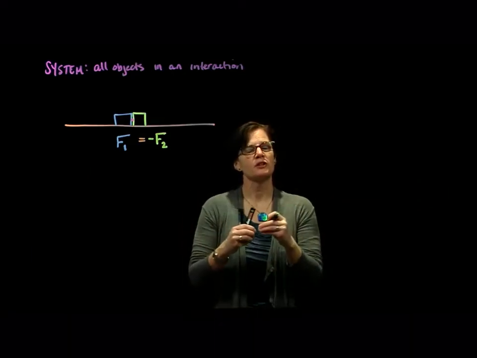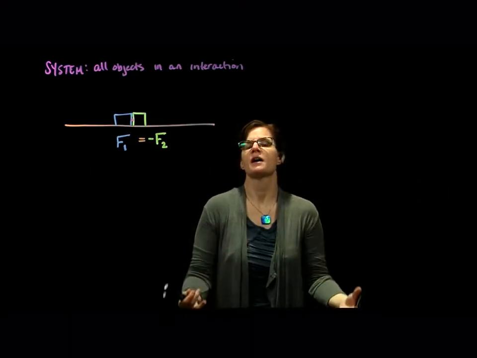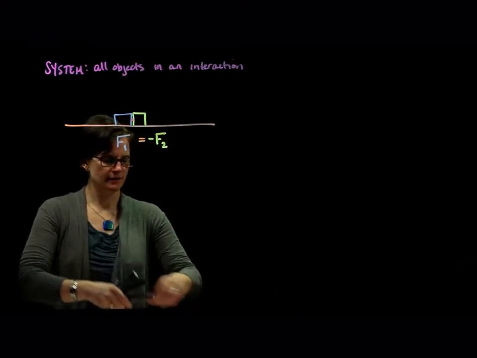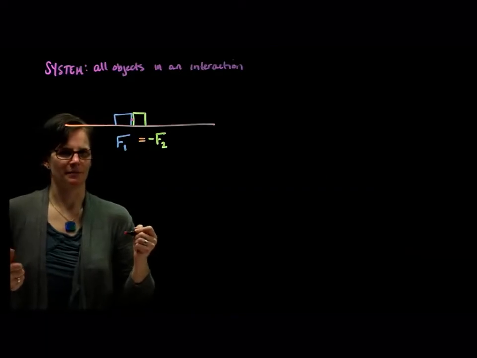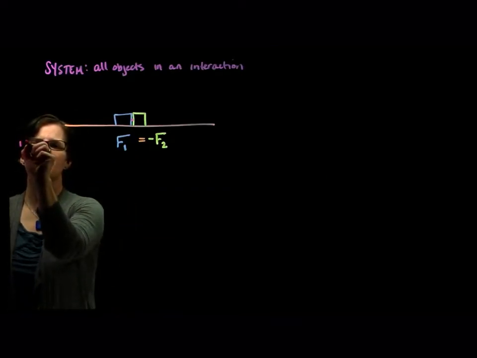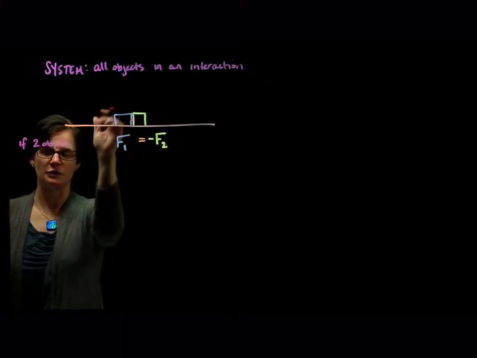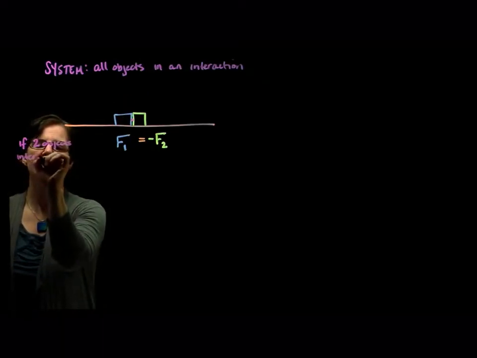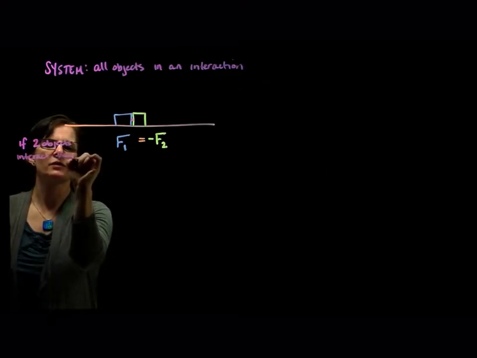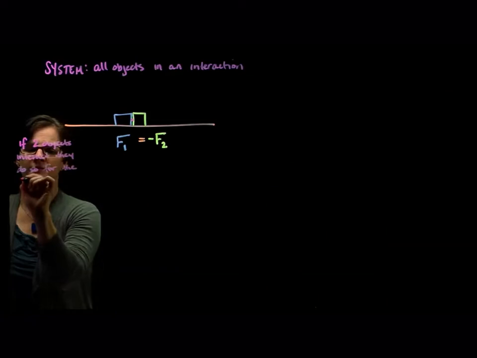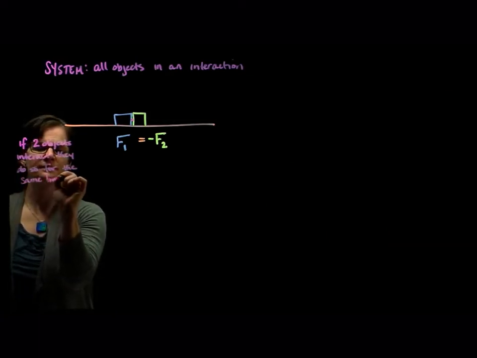Now those 2 objects are interacting, and they're interacting for a certain amount of time. Well, that tells us that their impulses might be related. So if 2 objects interact, and we're just using these 2, they do so for the same time.